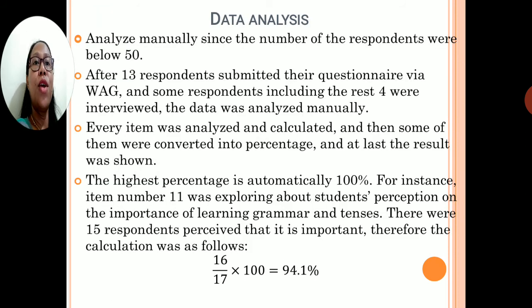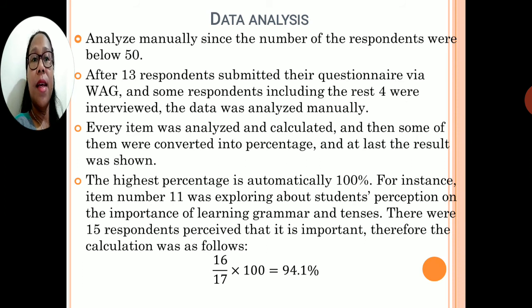Next is about how I analyzed the data. I analyzed the data manually since the number of respondents was below 50. After 13 respondents submitted their questionnaire via WhatsApp group, and some respondents, including the remaining 4, were interviewed by me, the data was analyzed manually.